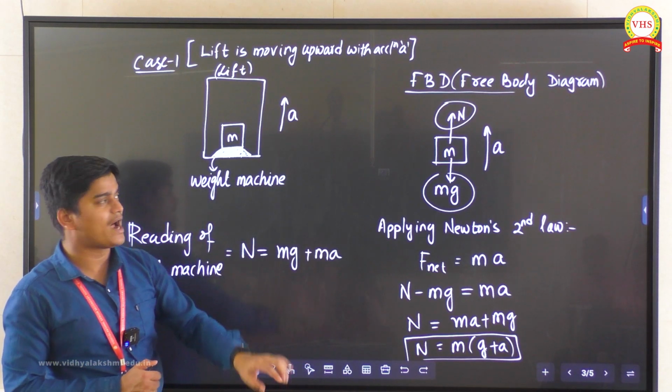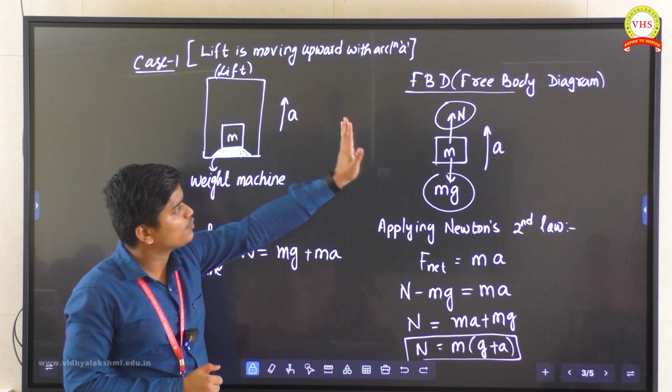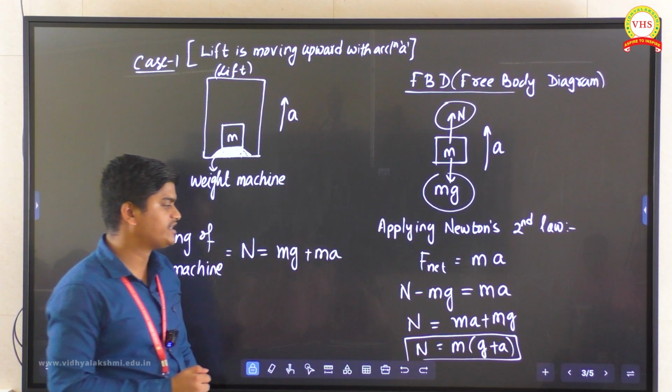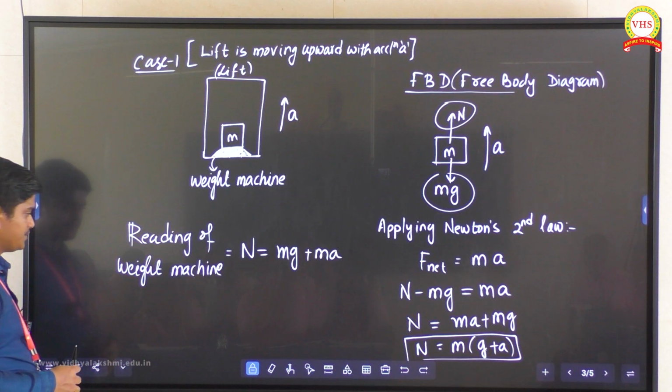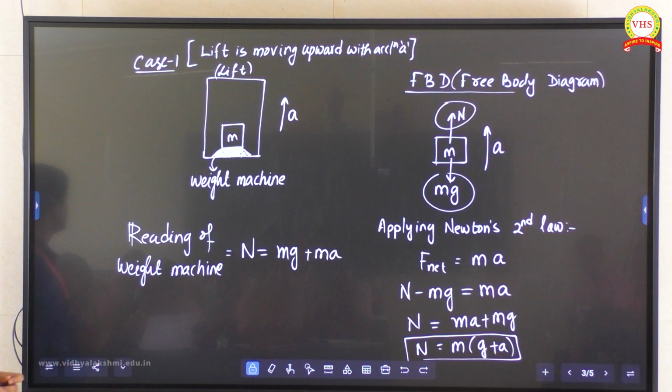Now we already went up, so definitely we have to come down. The next case is when the lift is moving downward with acceleration a. Complete this.